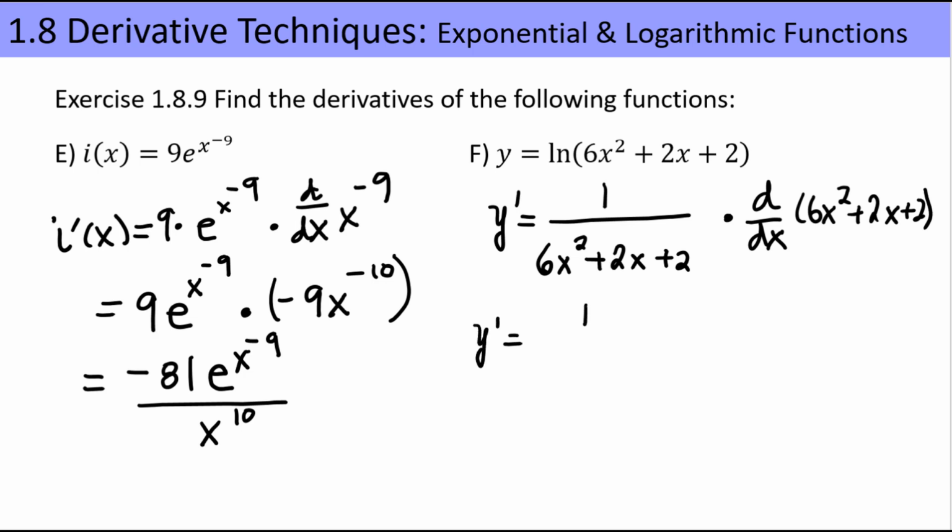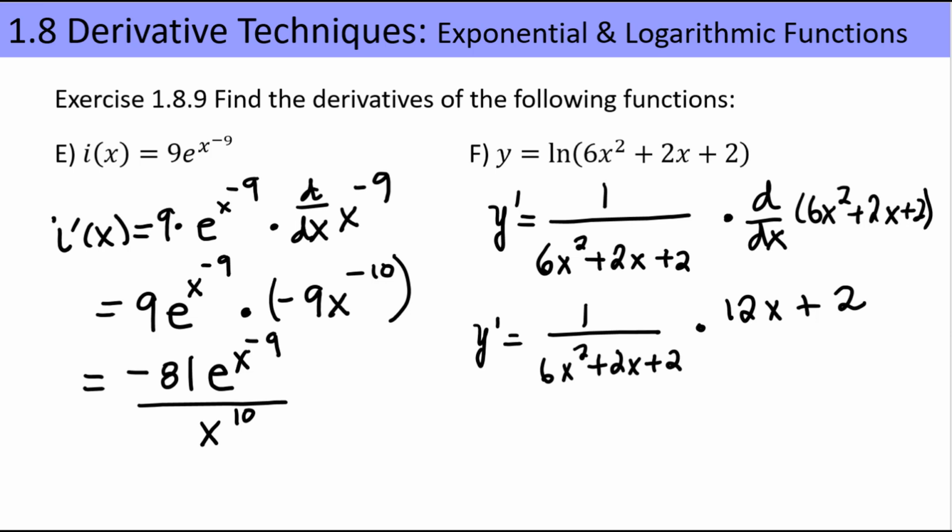Let's continue. Y prime is equal to 1 divided by 6x squared plus 2x plus 2 times, and then the derivative of 6x squared, 6 times, bring down the 2, it'd be 12x, plus the derivative of 2x is just 2, and the derivative of 2, which is a constant, is 0.